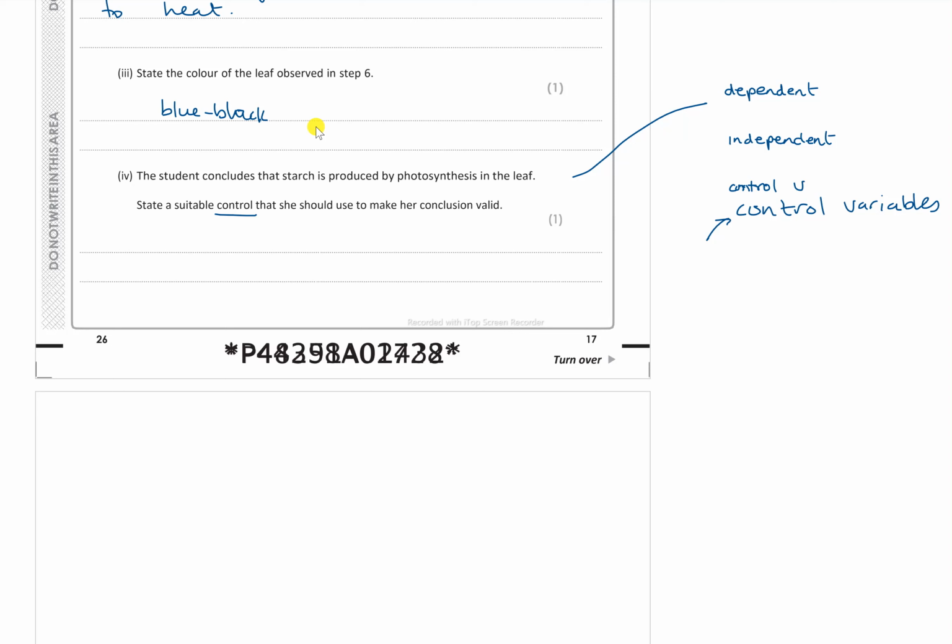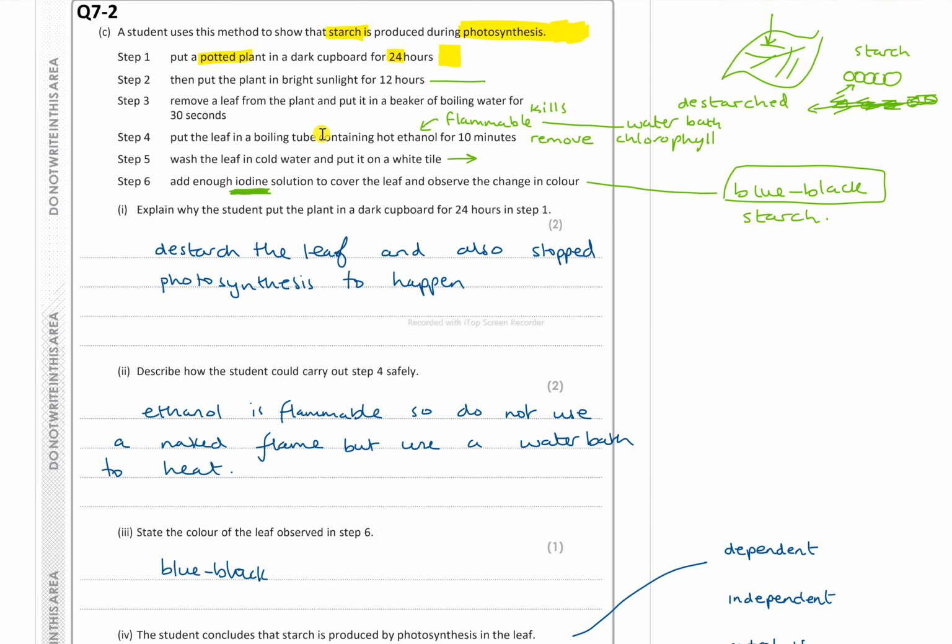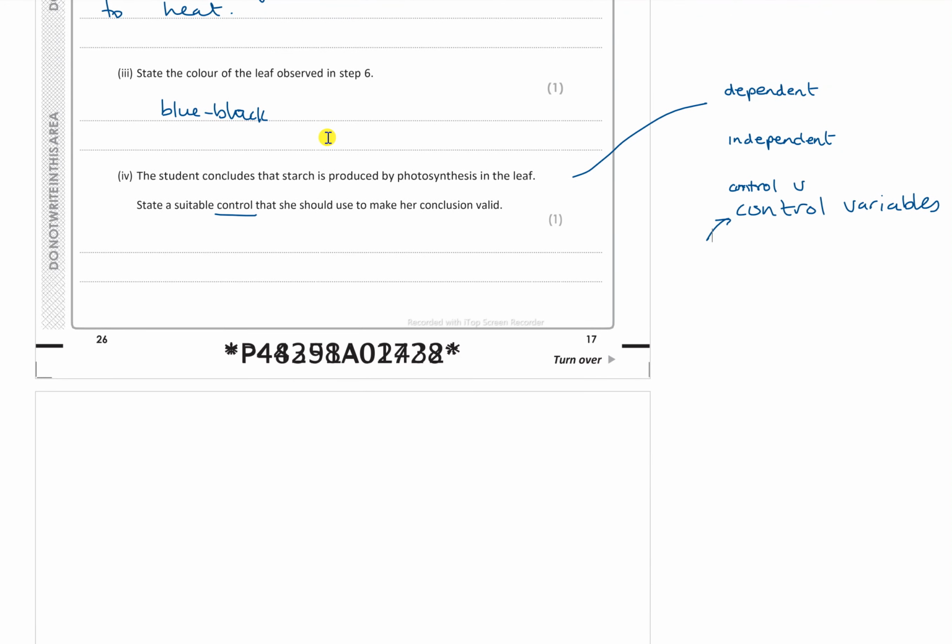What could you do? What you could do is leave a leaf in the dark and test using iodine.